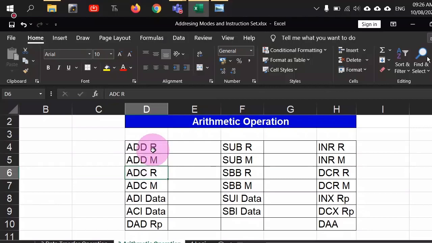The only point of difference is that it will add the contents of R and the accumulator together with the carry flag and store the result in the accumulator. So these three things will be added, and whatever is the result of addition, it will be kept inside the accumulator itself.